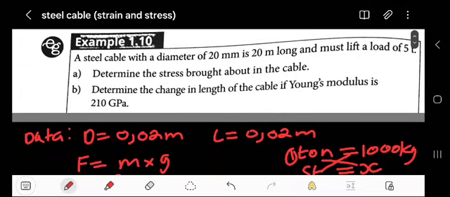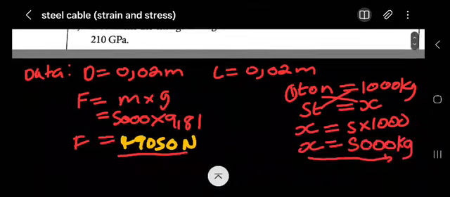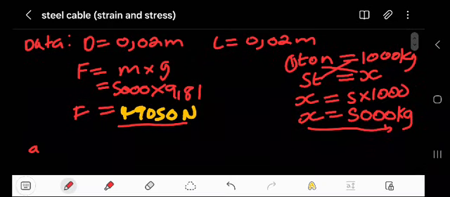So part A says determine the stress brought about in the cable. We want the stress. We know that stress is force over area, isn't it? So we'll have to calculate an area. We will need an area to calculate the stress.